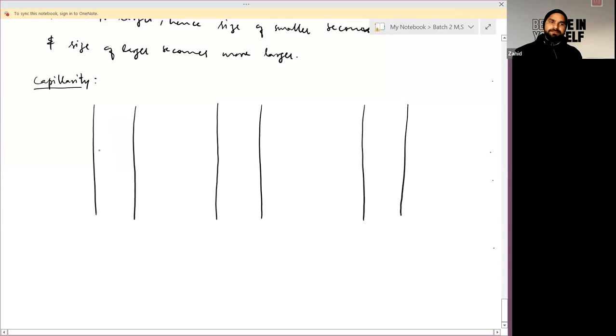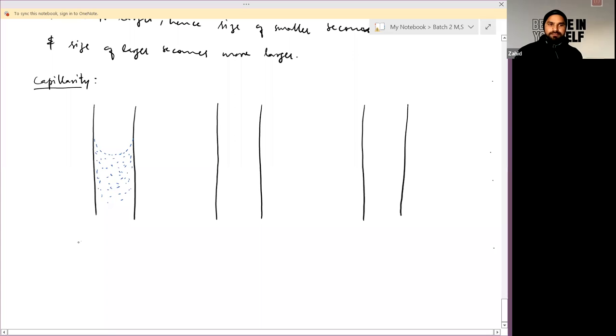In the first capillary tube, if you place water, the meniscus will behave like this. As water has smaller surface tension, it will have greater adhesive force as compared to cohesive. So the particles will tend to attract with the surrounding capillary tube particles, so it will acquire this much amount of shape.